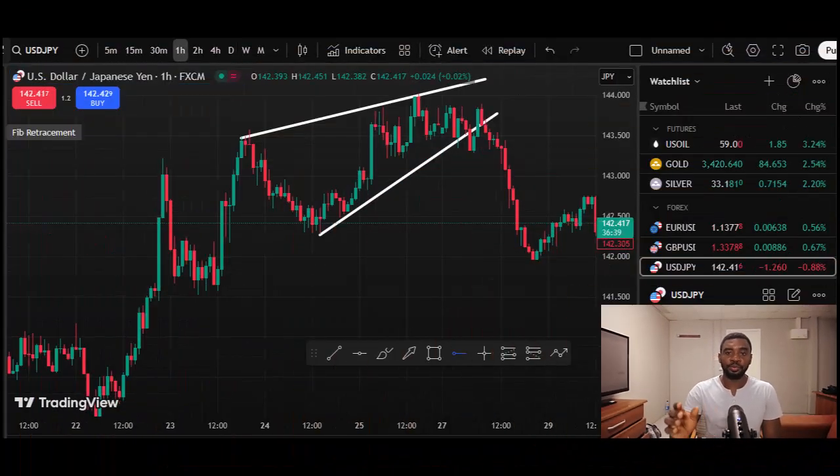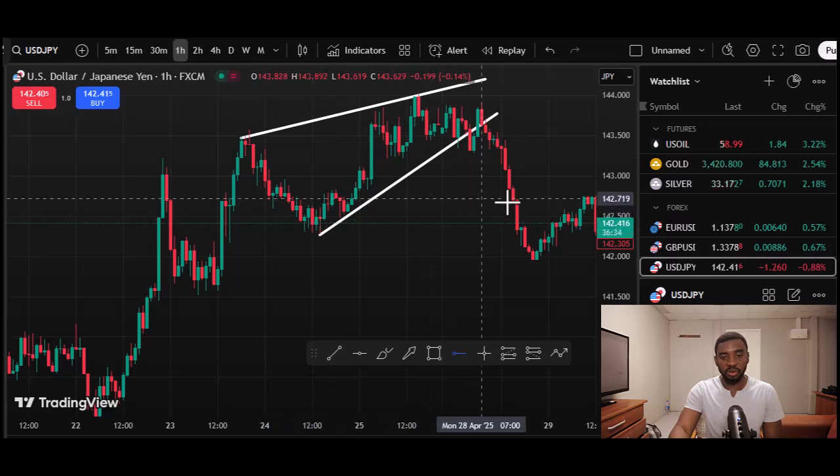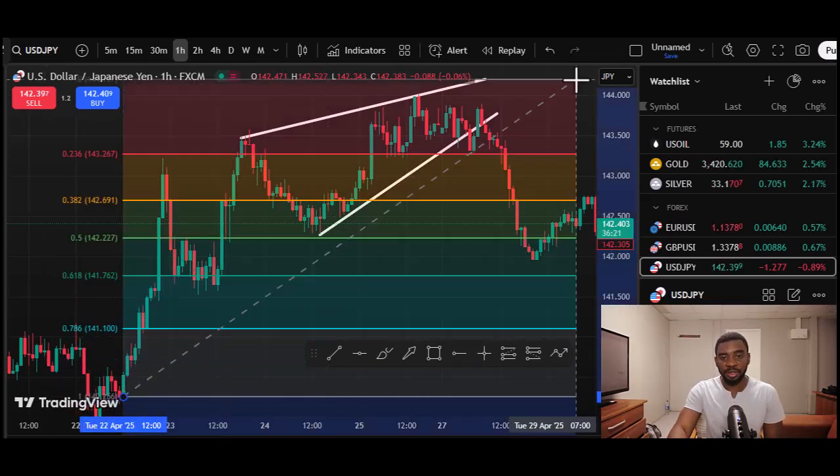Now that you know how to enter a trade using this strategy, how do you exit this trade? One of the easiest things for you to do is to consider each swing low as your take profit point. But what I do is use the Fibonacci retracement tool to identify my TP point.